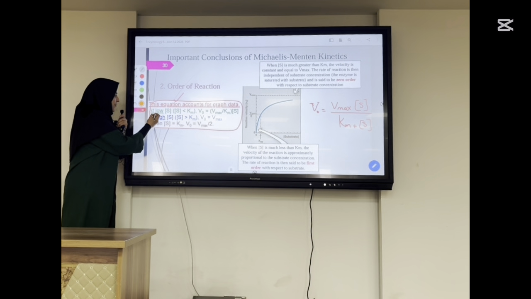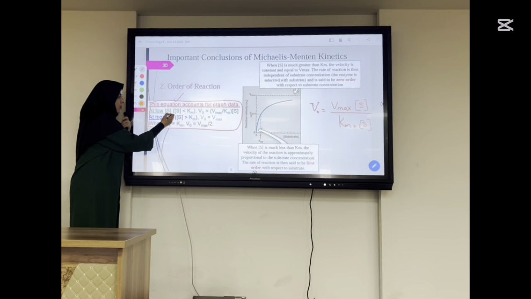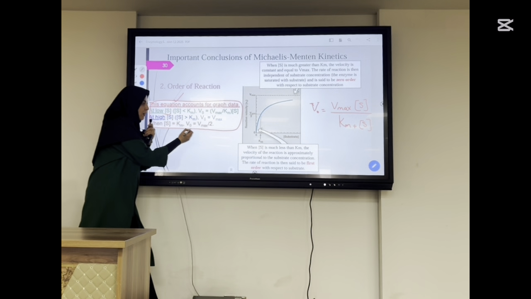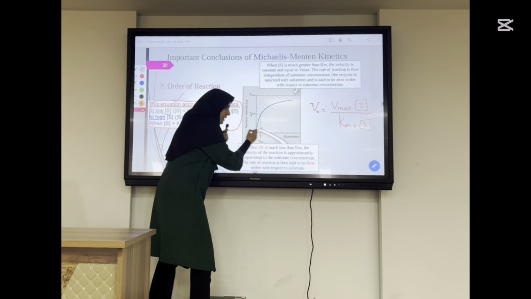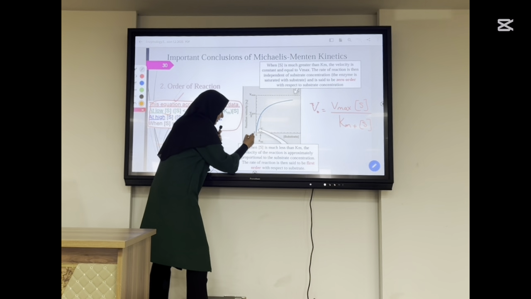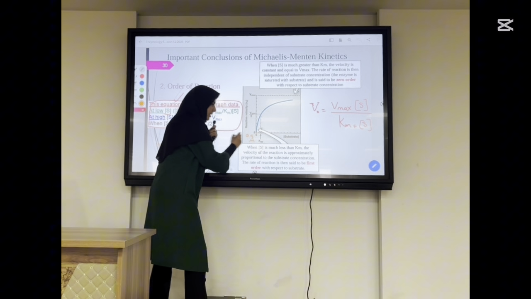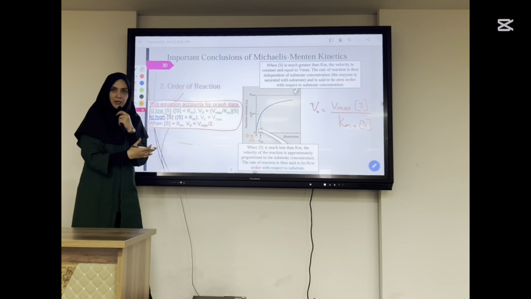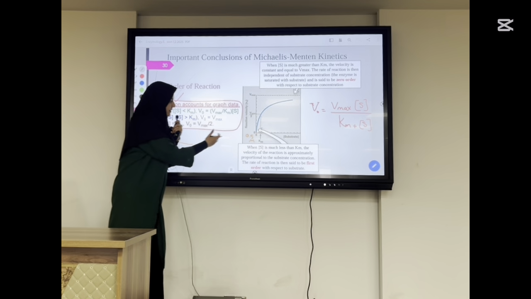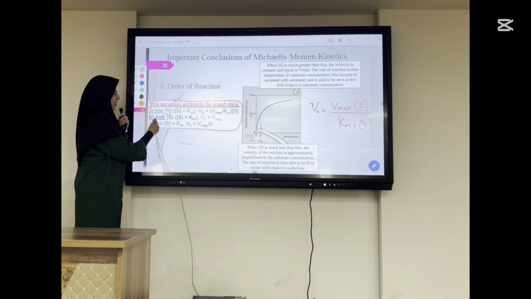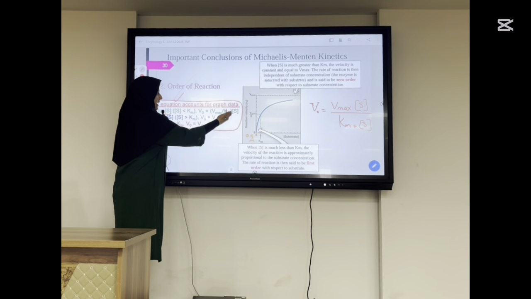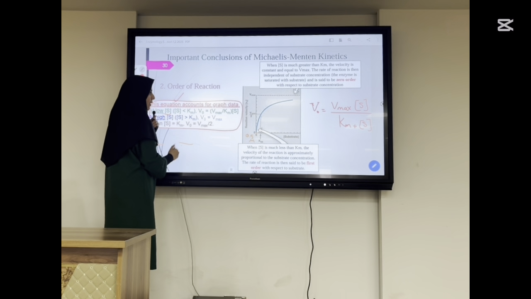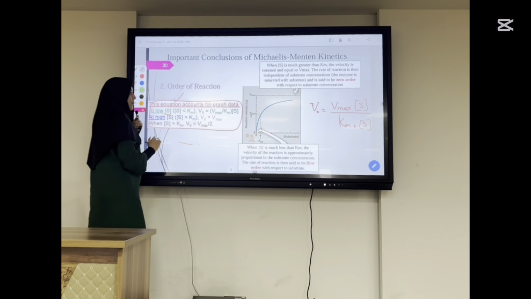Whenever the substrate concentration is very low, I'm talking about this point, for example half molar, if the concentration unit is molar. If the concentration is very low, I mentioned that the Michaelis-Menten becomes V0 equals Vmax over Km times S. How can we reach this point?